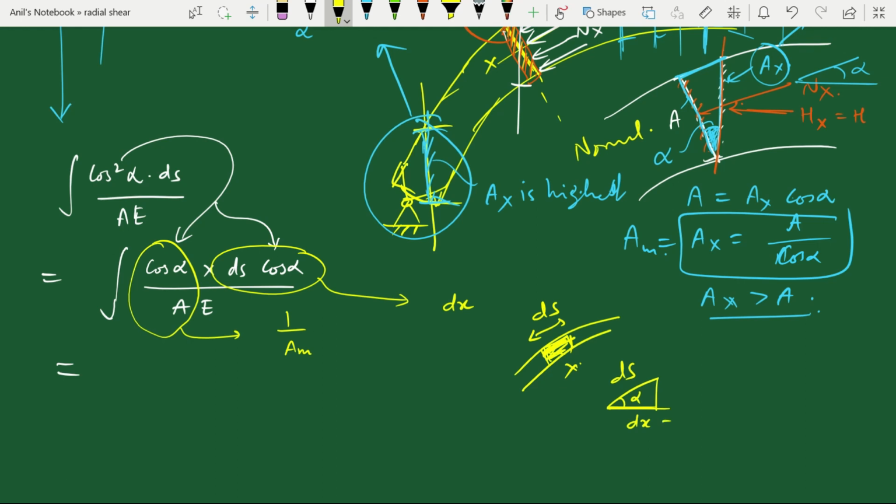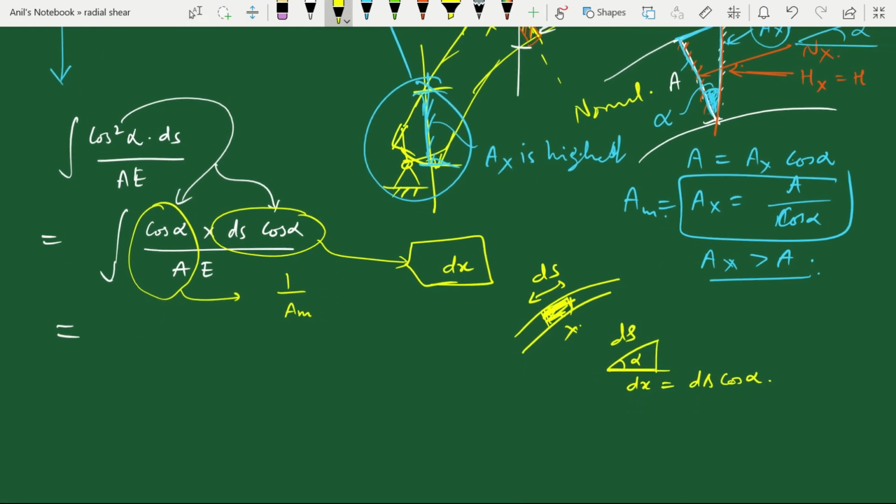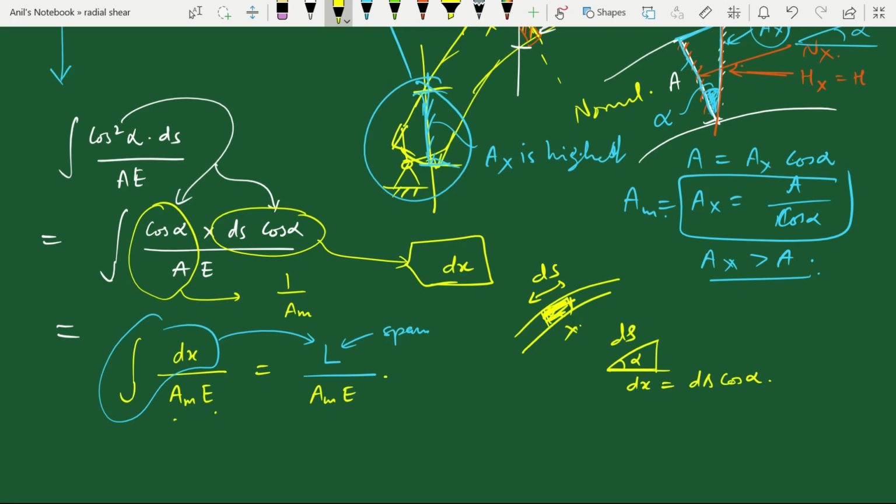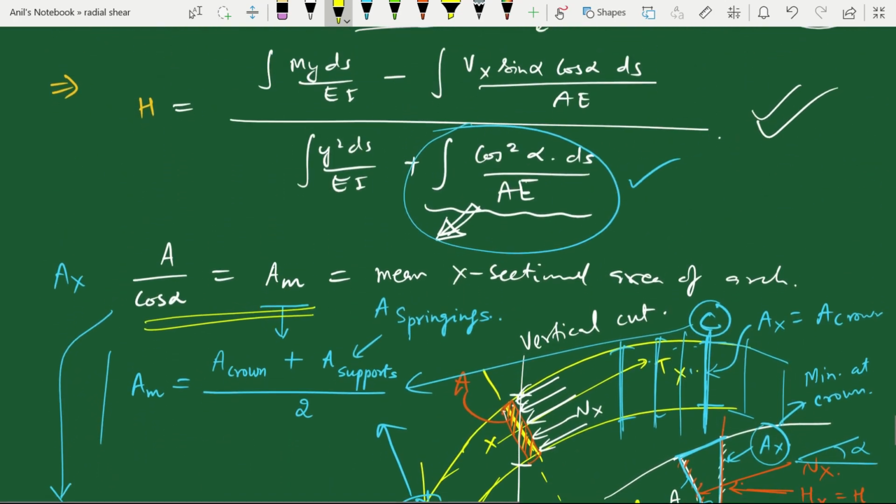So dx is equal to ds cos alpha. So that can be written as dx here. So this becomes integration of dx upon AM into E, and AM and E are constant. So integration of dx will be span L upon AM E. So this is one of the terms in the denominator.